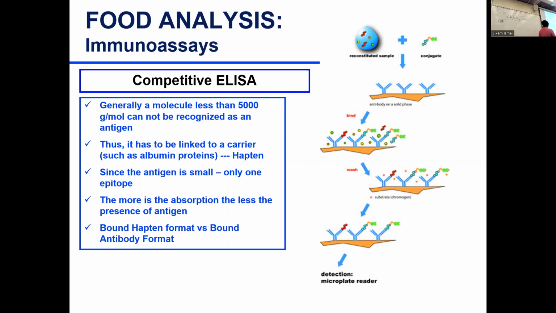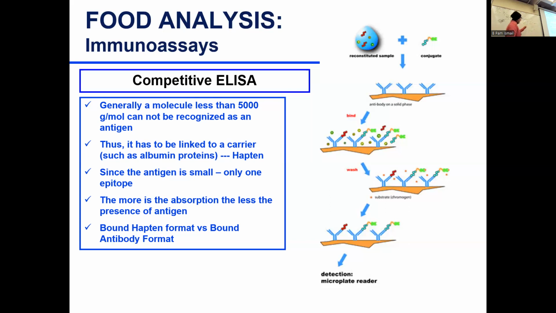So what you do, you link this antigen to a protein, bigger molecule. So you link it, and then you inject it in the animal to give you antibodies specific to that antigen. So when you link your molecule of interest to a protein, this is called hapten. So basically you have your protein, and this is your molecule of interest. Together, this is called hapten.